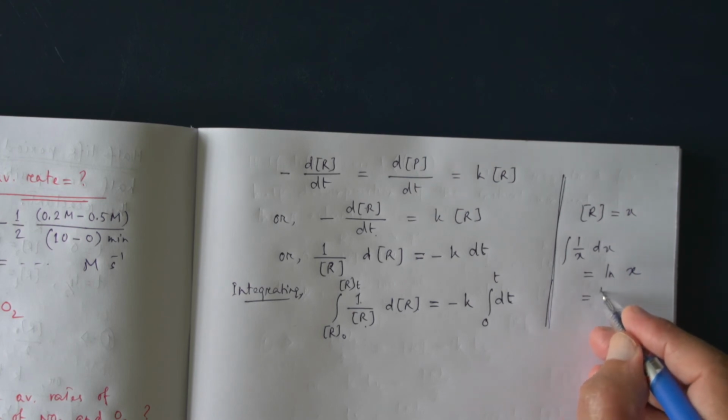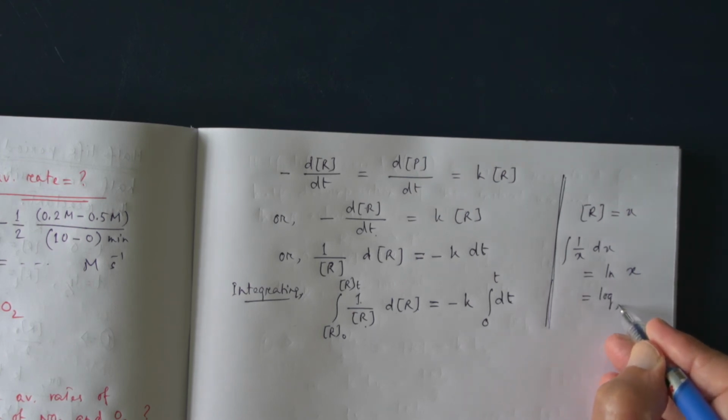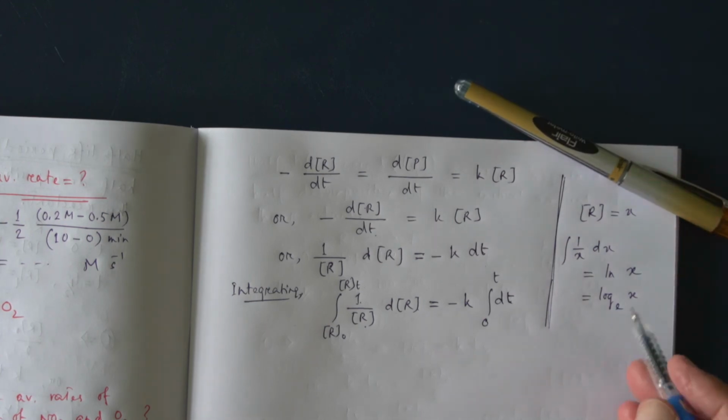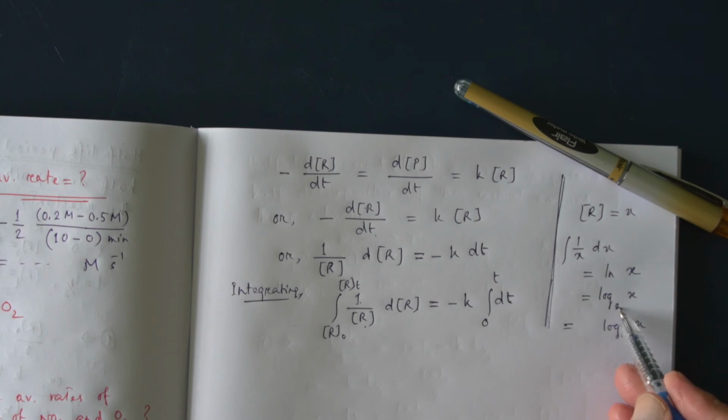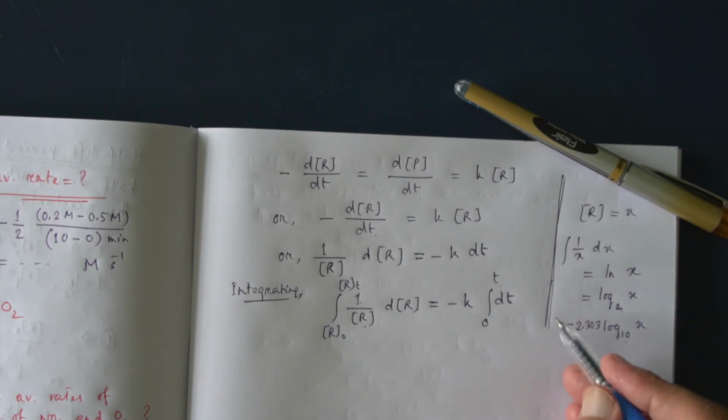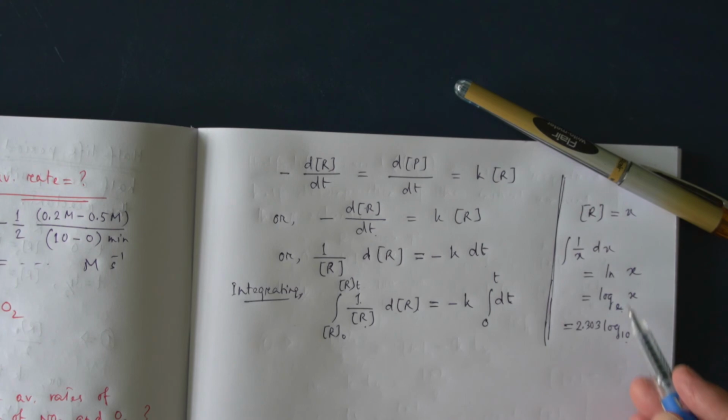Ln means log to the base e of x. Now if you want to convert it into log to the base 10, where the base is e and we want 10 in place of e, then we have to multiply by 2.303. Okay, so we have to do this.